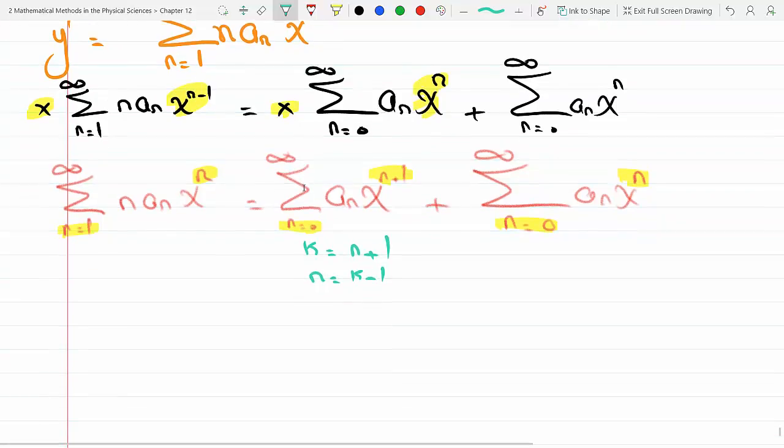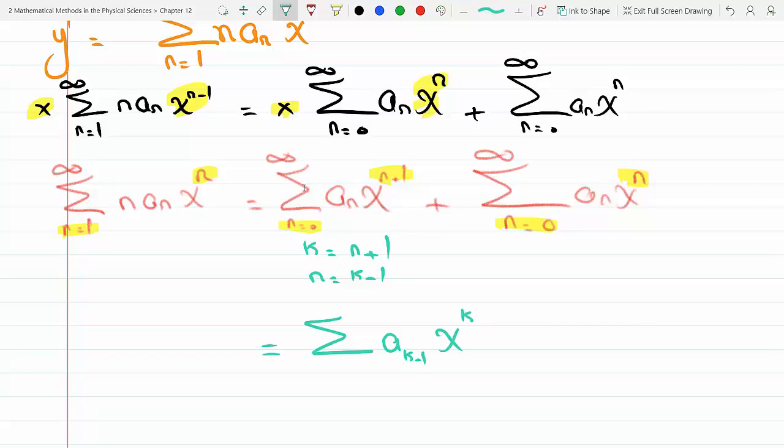So this summation in the middle, to the right of the equal sign, becomes a_(k minus 1) x to the k. Now this is starting from n equals 0, which is k minus 1 equals 0, the same thing as saying k equals 1 to infinity. Here I don't make any changes because n equals k, so I simply change the dummy variable from n to k, but nothing else changes.